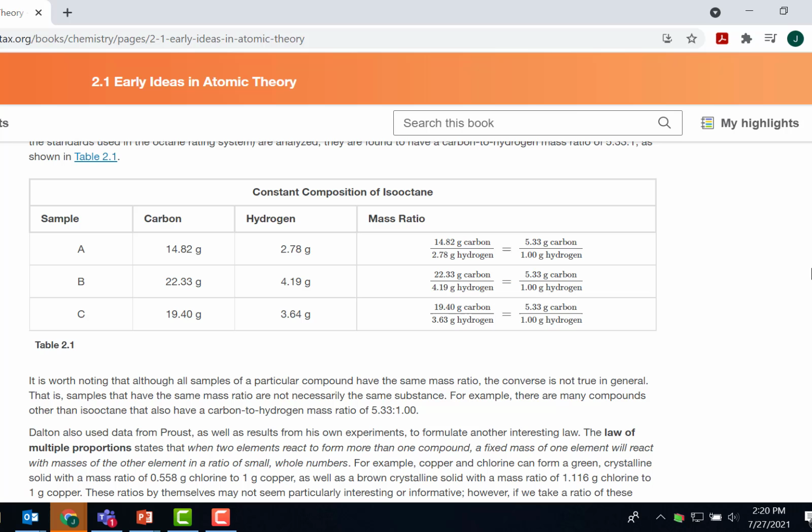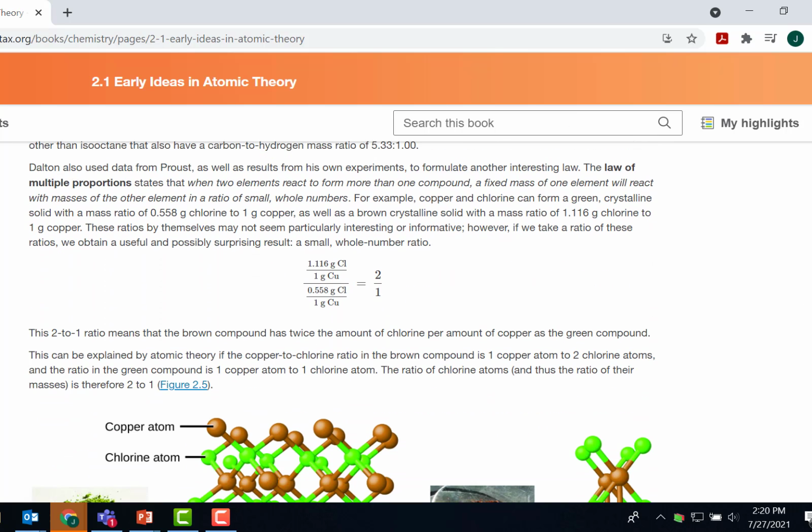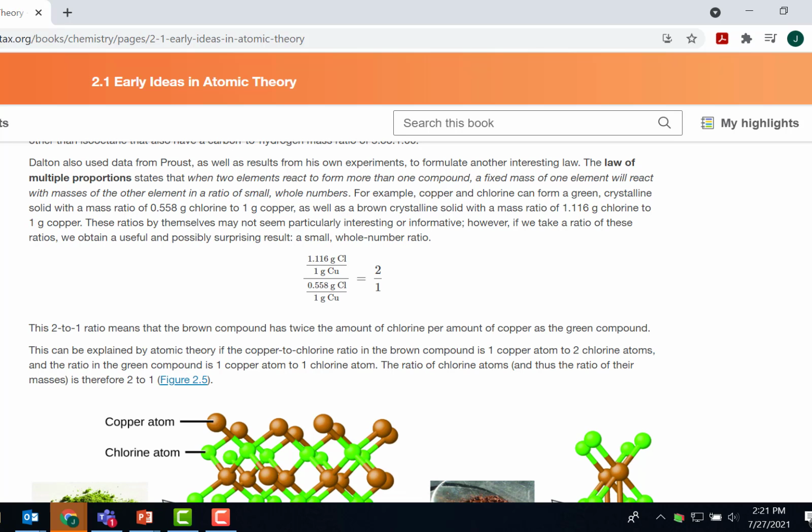So from this first example, these were all of the same compound, but we have different compounds in some cases. So for example, we have two compounds that have copper and chlorine. In one of them, you have 1.116 grams of chlorine to every gram of copper.